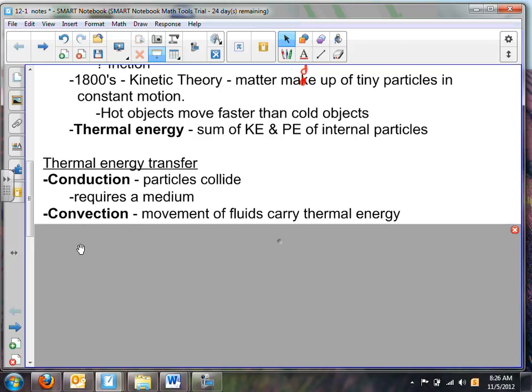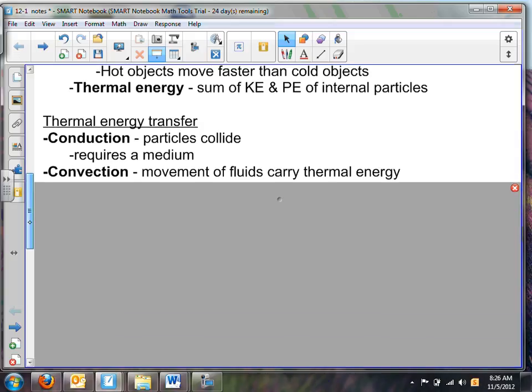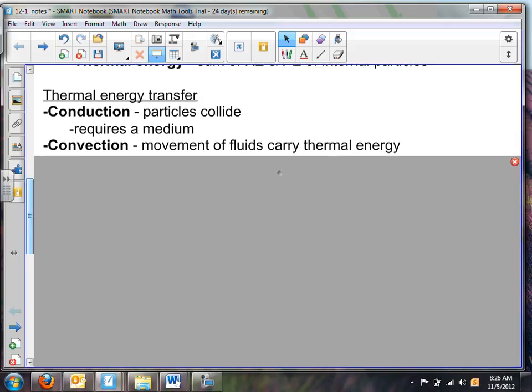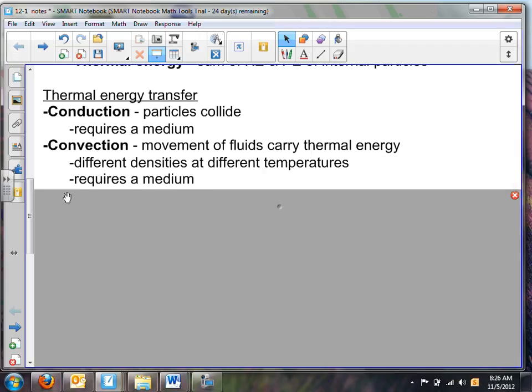Convection is a movement of fluids that actually carries the thermal energy. So instead of the particle just running into the next particle causing it to move, here the actual particles move and take the energy with it. And this works because as you heat things up, they typically expand.